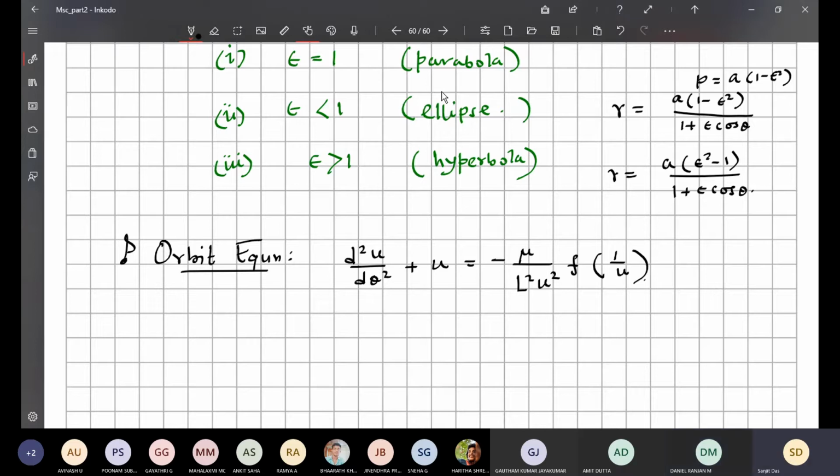So remember from here. Now for the inverse square law, f of r is equal to what? What is the force law?